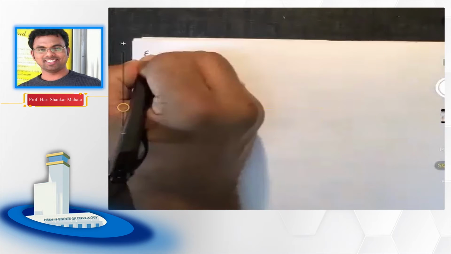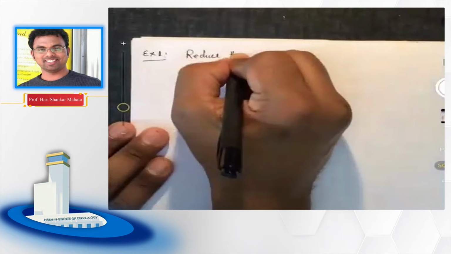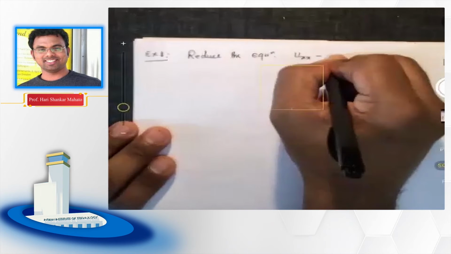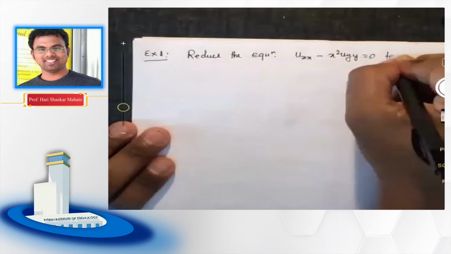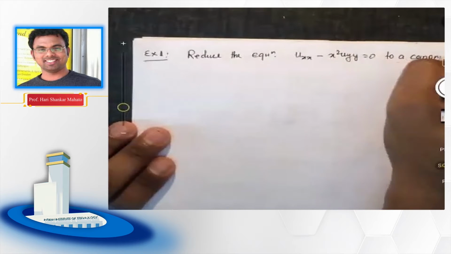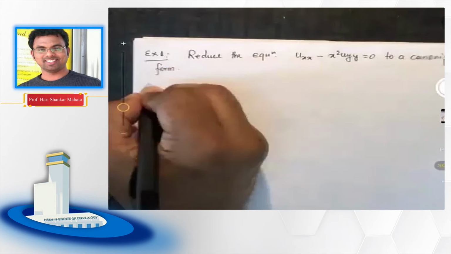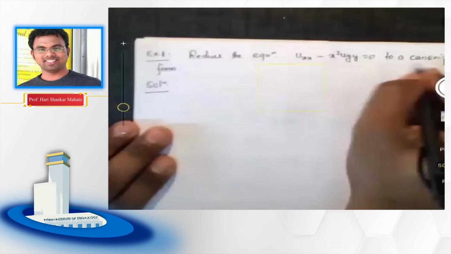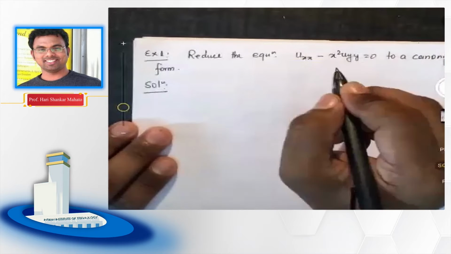Example 1, I guess, in this chapter. Reduce the equation uxx minus x square uyy equals to 0 to a canonical form. Solution. Reduce this equation to a canonical form. First of all, we have to identify whether it's parabolic, hyperbolic, or elliptic.